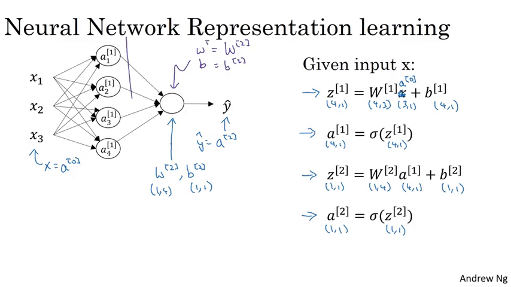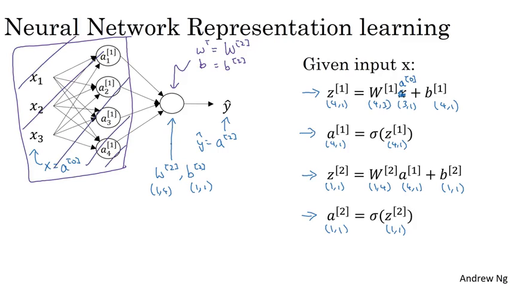So if we were to cover up the left of this network and ignore all that for now, then this last output unit is a lot like logistic regression, except that instead of writing the parameters as w and b, we're writing them as W2 and b2 with dimensions 1x4 and 1x1. So just to recap, for logistic regression, to implement a prediction, you would compute z equals w transpose x plus b, and a, or y hat, equals a equals sigmoid of z.